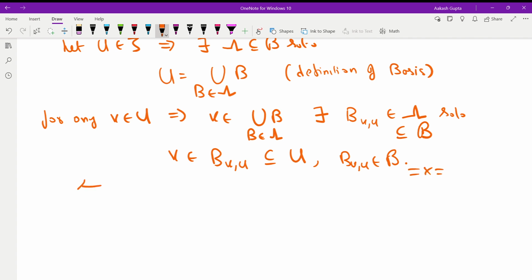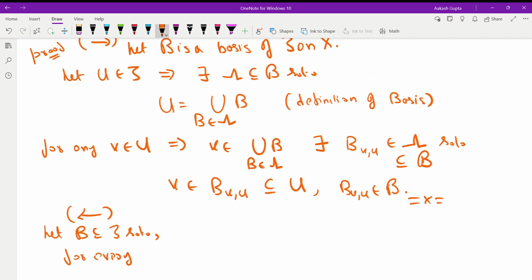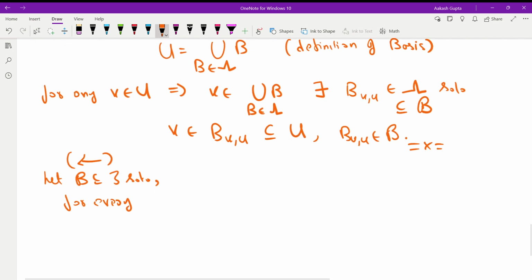Now the converse part is also similar. So let us assume script B is contained in tau such that for every open set U in tau and x in U, what we have?